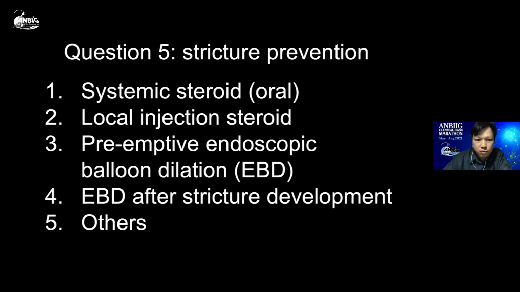What kind of stricture prevention will you give for this patient? Please vote. Will you give the patient systemic steroid, local steroid injection, preemptive balloon dilatation, or just follow up and give balloon dilatation after stricture develops?